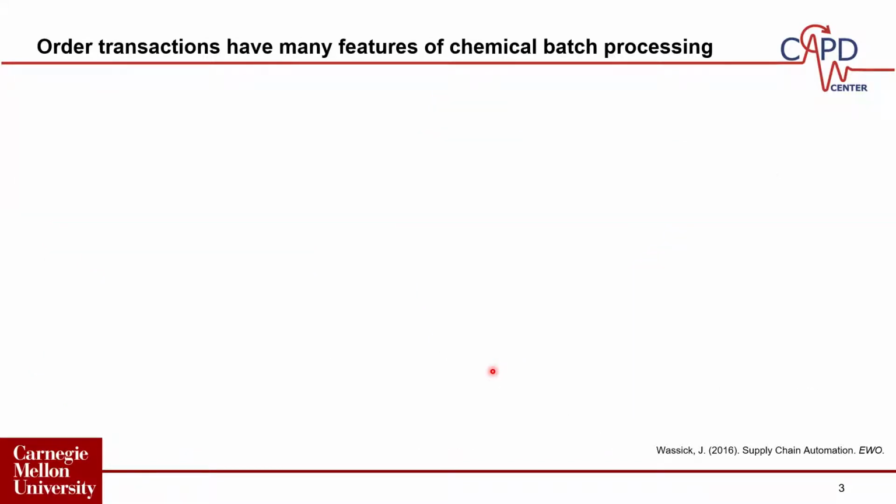So something that was observed by the folks at Dow is that there are a lot of similarities between these transactional business processes and chemical batch processing.